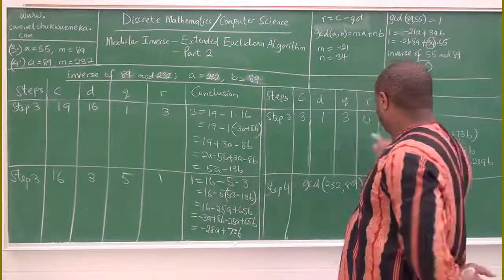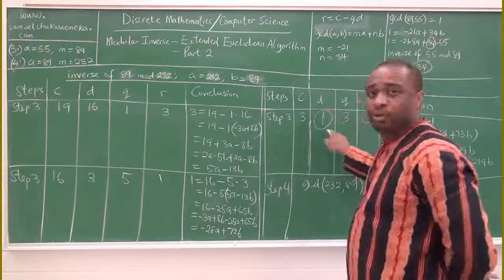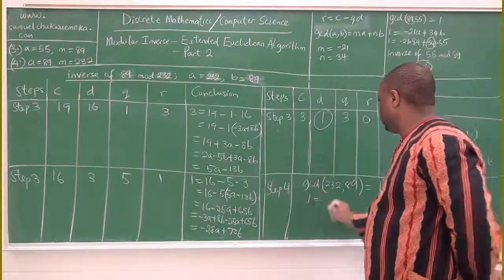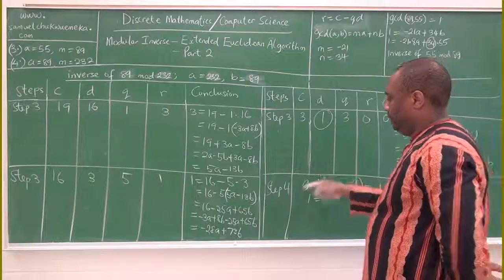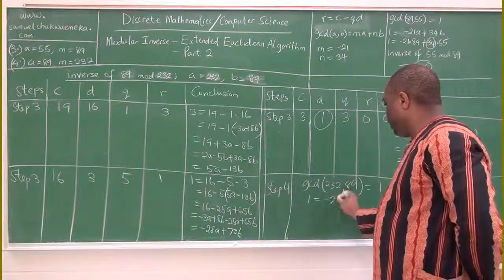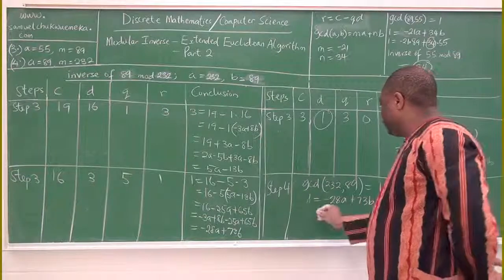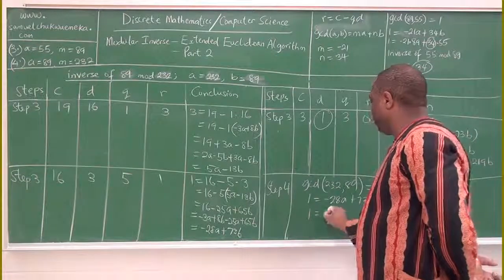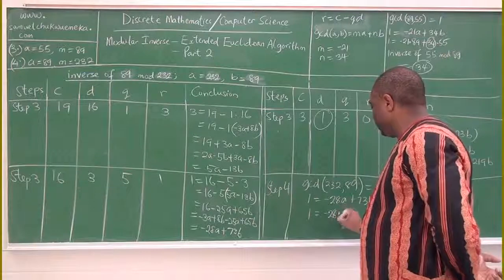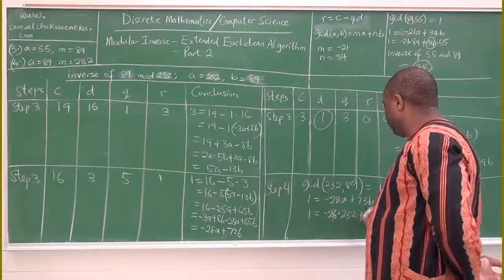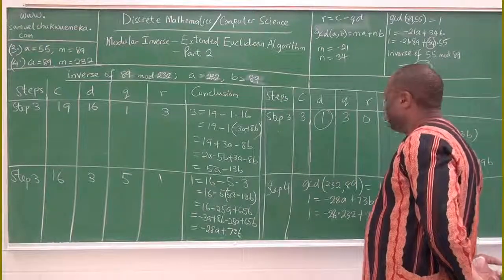Excuse me. Because here is equal to B, 1. And then this means that 1 is equal to, you look for the term, negative 28a plus 73b. So this means that 1 is equal to negative 28 times A is 232 plus 73 times 89.